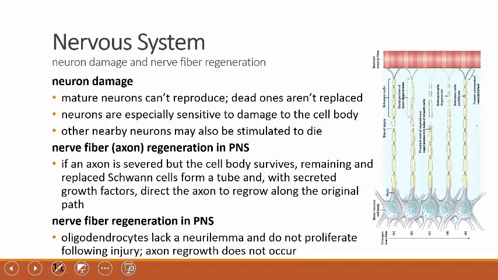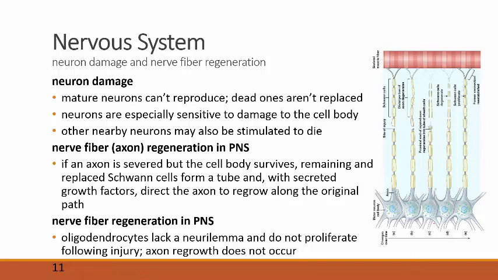And so, for instance, in the peripheral nervous system, if we sever an axon, and this happens with injuries, cuts especially, a deep cut may sever a neuron or an axon, but if the cell body survives, then it's possible that the Schwann cells that surrounded the axon will degenerate. I've turned this drawing on its side.